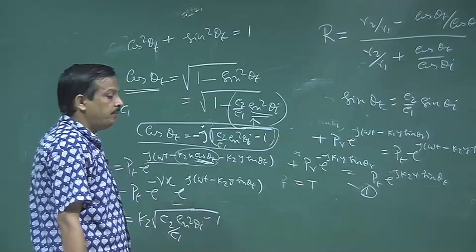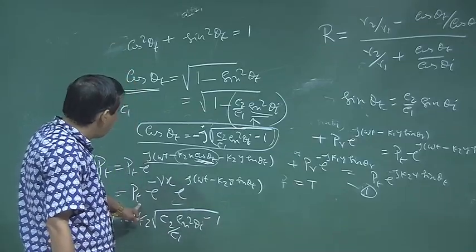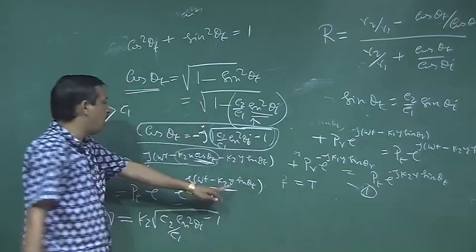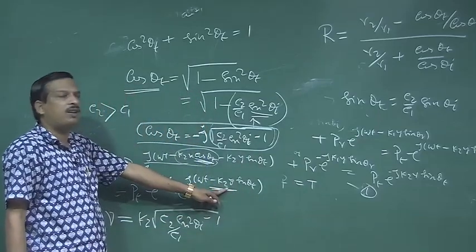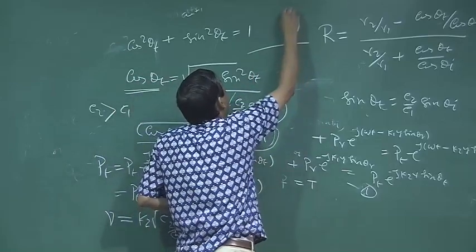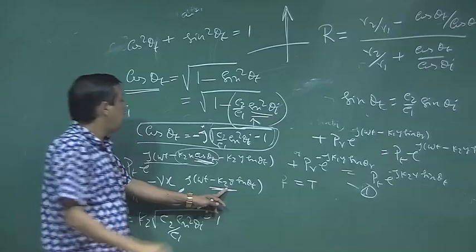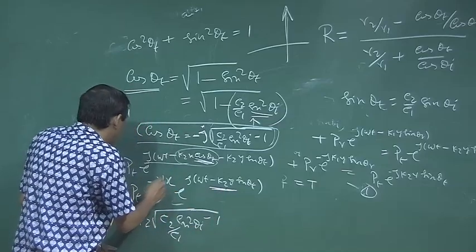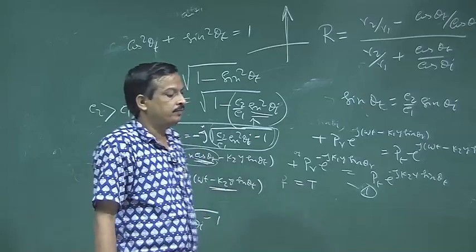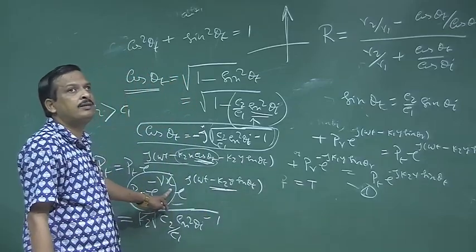Now, the transmitted wave propagates along which direction? Only the y direction, because y is there and x is not there in the phase. So, I can say the transmitted wave propagates along the y direction, and if you see the amplitude of the wave, it decreases along the x axis.